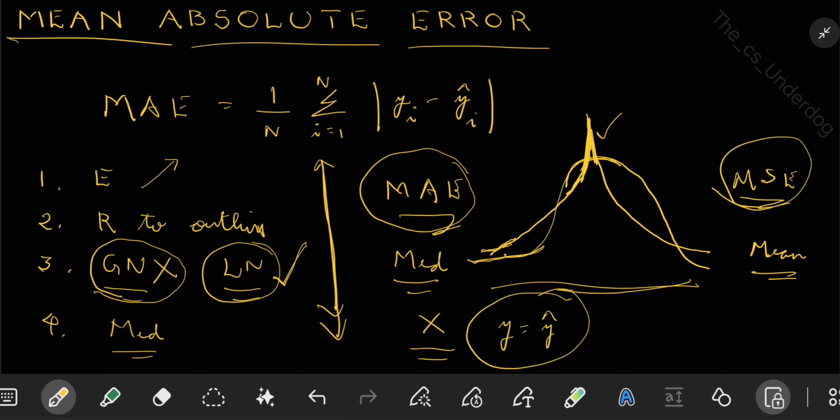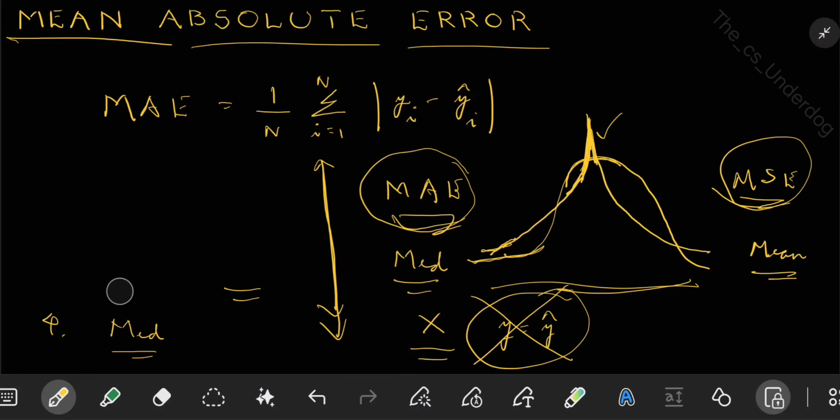In case of MSE, mean squared error, we told that it is differentiable everywhere, but in case of mean absolute error, it is not differentiable at y equal to y cap. We'll take the gradient and understand this clearly, why it is not differentiable. Before that, okay, first we'll take the gradient so that it will be clear for you, then we'll move forward, okay? Let us take the gradient and understand.